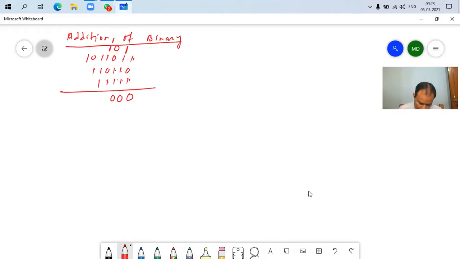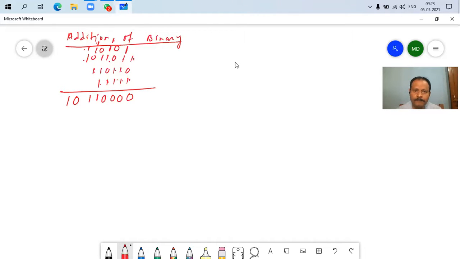Now 1 plus 1, 10 plus 1, 11 plus 1, 100. Carry 10. 1 plus 1, 10 plus 1, 11. Carry 1. 1 plus 1, 10 plus 1, 11. Carry 1. So 1 plus 1 becomes 10.